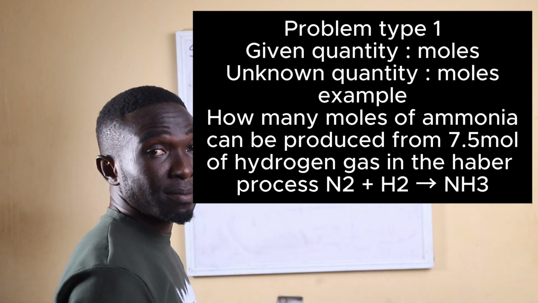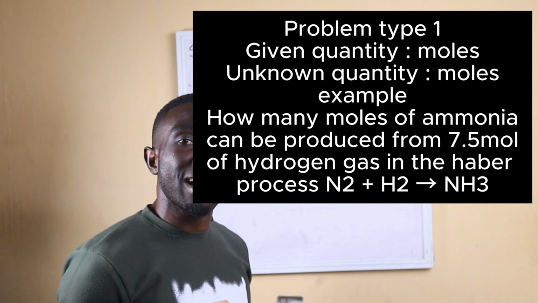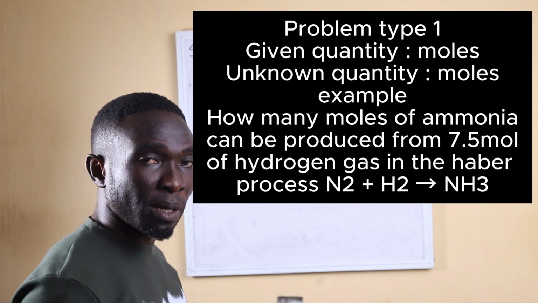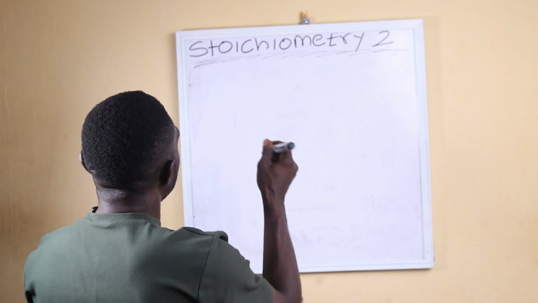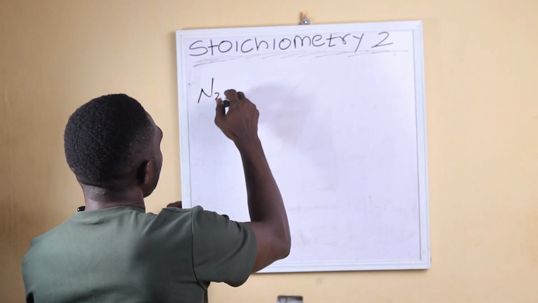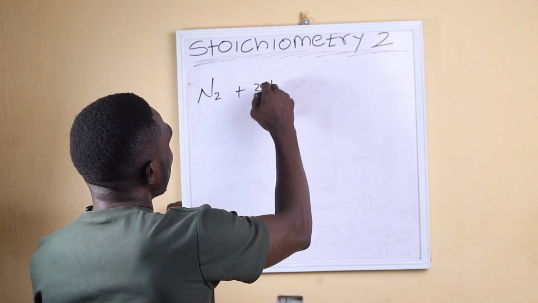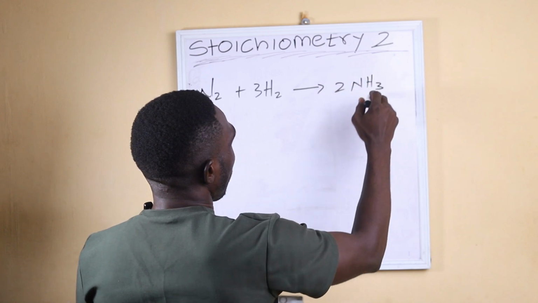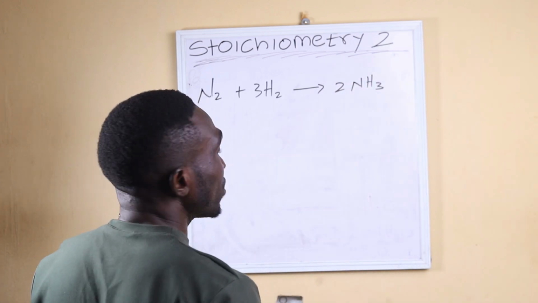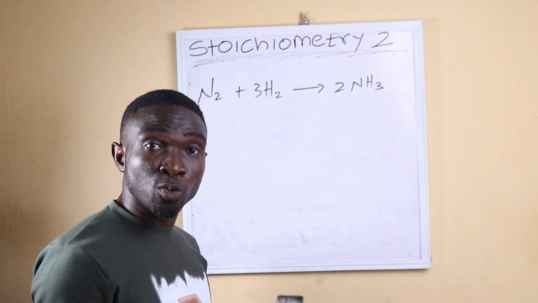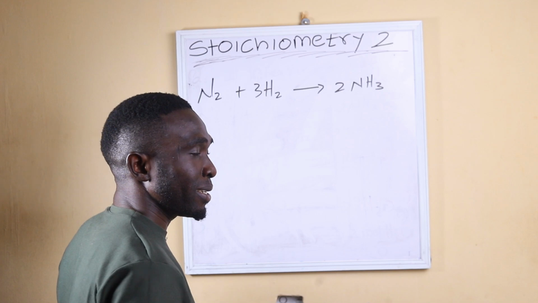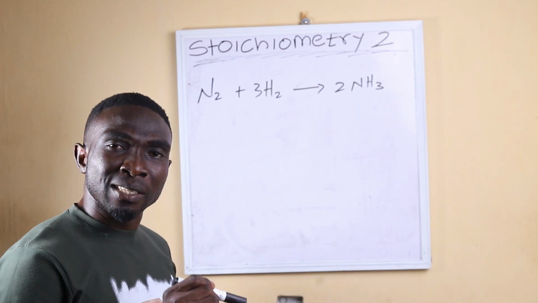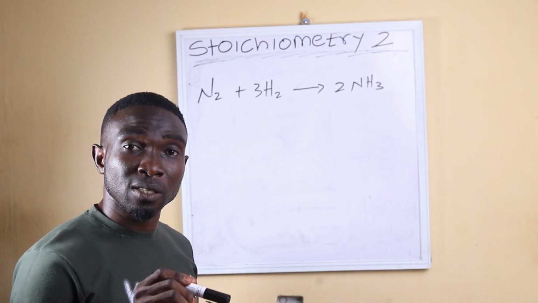Let's consider one example. How many moles of ammonia can be produced from 7.5 moles of hydrogen gas, as shown on the board? Let us solve that problem. From the balanced equation, nitrogen combines with 3 moles of hydrogen to give us 2 moles of ammonia. Now let's consider what the given quantity is and what the unknown quantity is. The question is asking, how many moles of ammonia can be produced from 7.5 moles of what?